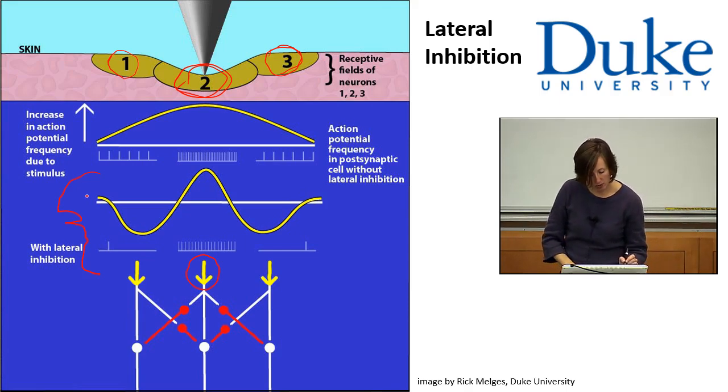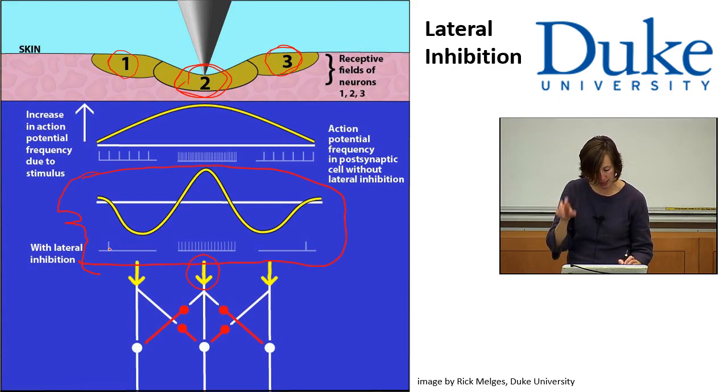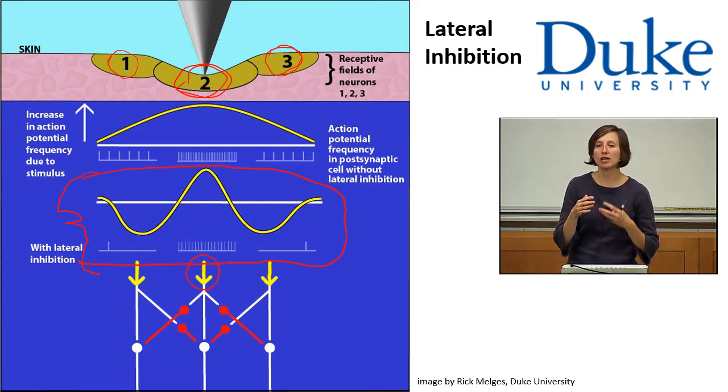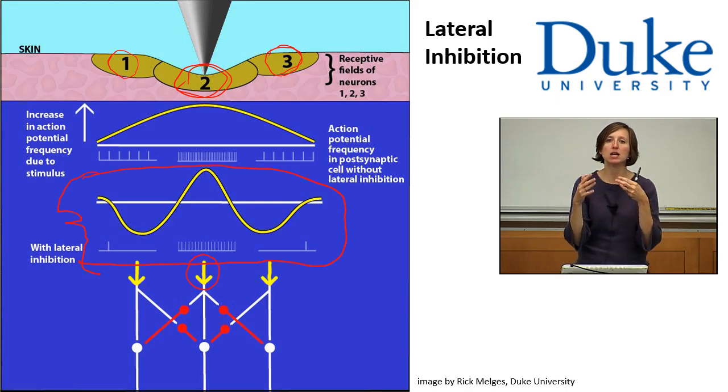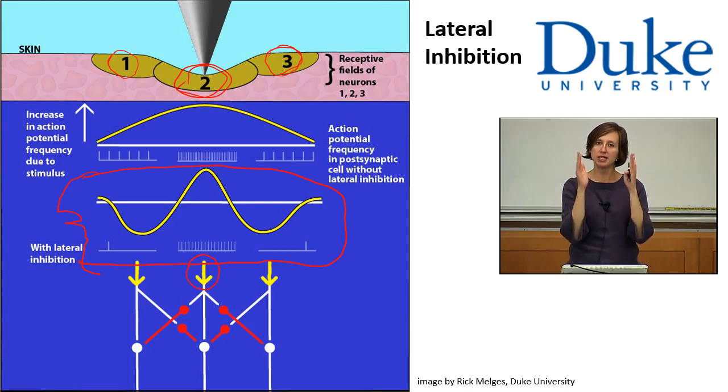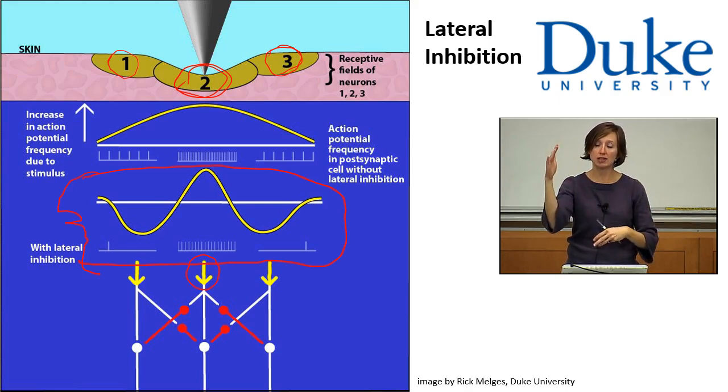And that's what results in this middle graph and these action potential frequencies, where what has happened is the contrast between the action potential frequency of 2 and neurons 1 and 3 has increased, and that's what allows us to feel the point.